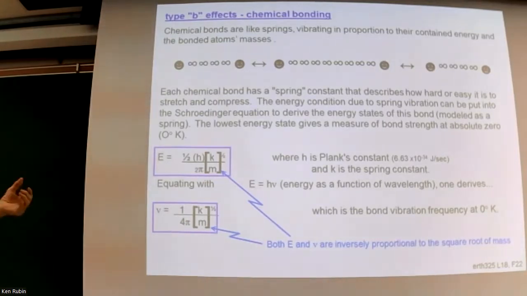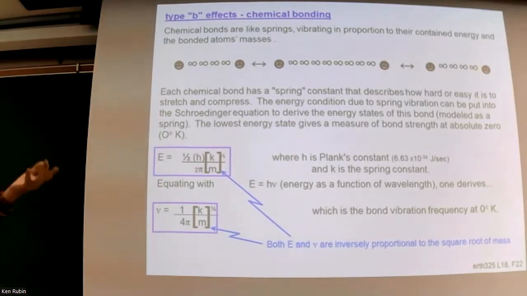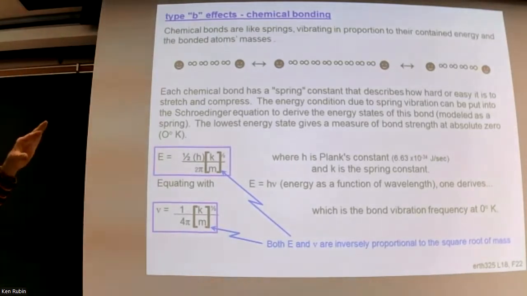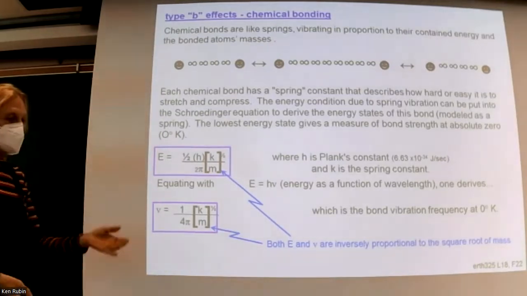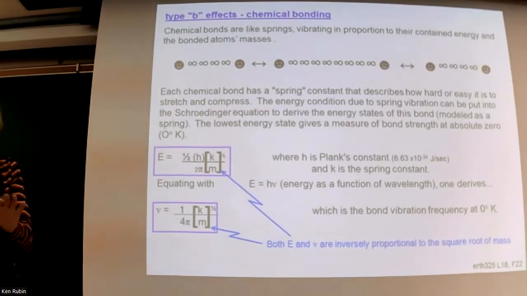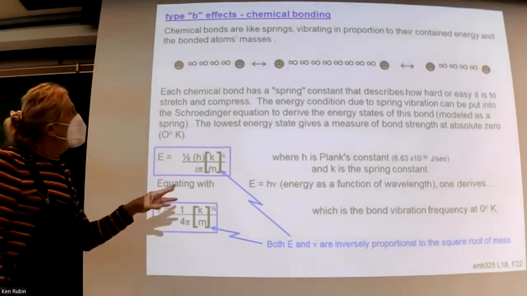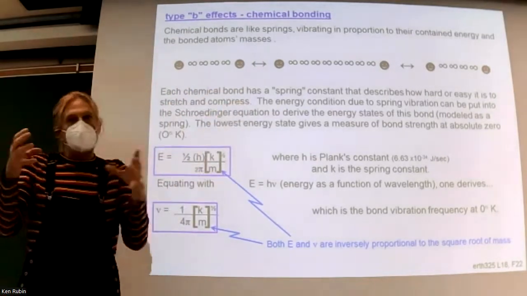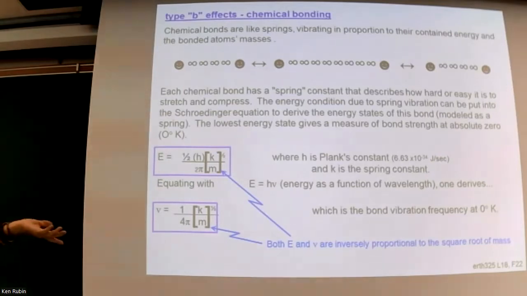Now, bond energy, which is vibration in the spring, reflects temperature, and it reflects the mass of the two things next to it. Whereas chemically, from a valence electron perspective, a hydrogen-oxygen bond is a hydrogen-oxygen bond regardless of which flavor of hydrogen-oxygen we have, when we look at them from the mass perspective, it turns out that the heavier masses make a slightly stiffer spring, a little bit harder for them to vibrate. So it's a little bit harder to break that bond.